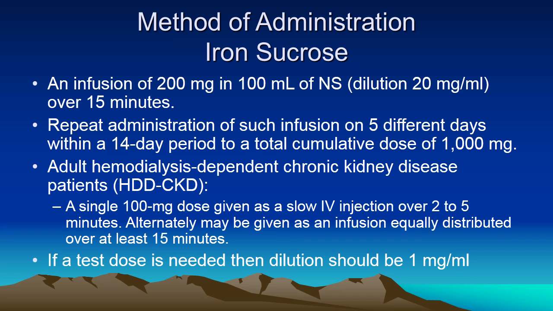Repeat administration of such infusion on 5 different days within a period of 2 weeks to a total cumulative dose of 1 gram. In acute hemodialysis dependent chronic renal disease, a single 100 milligram dose can be given over a period of 2 to 5 minutes.